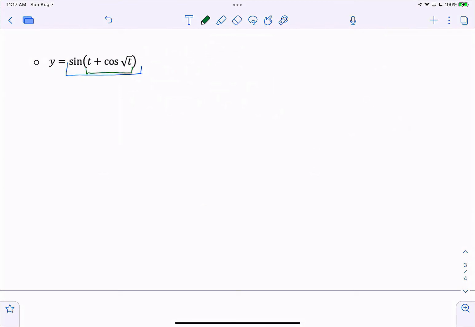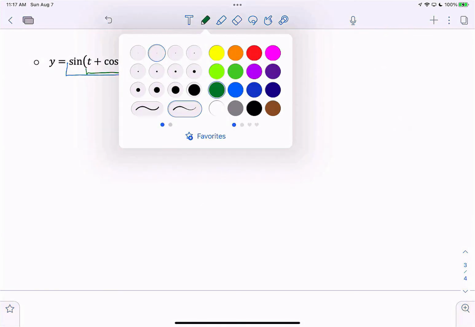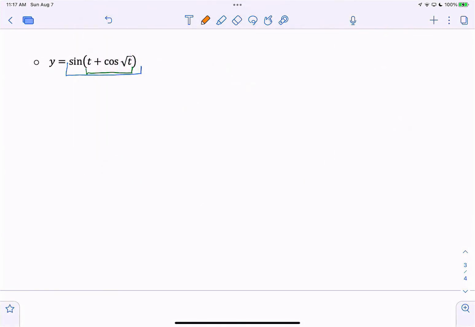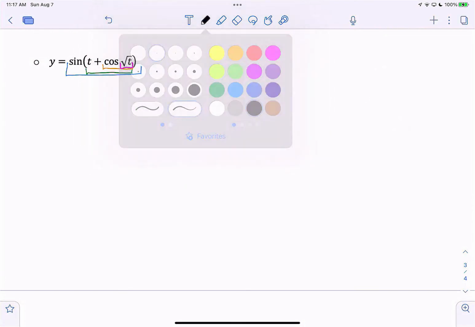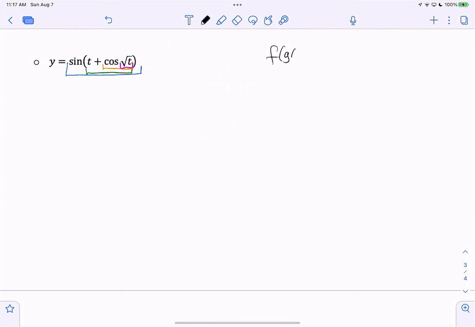But within that middle function, there's a composition in part of it. There's the cosine of the square root of t, for which the square root of t is the inside function. But it's not an f of g of h of x situation. That's not what we have here. So we're going to be a little bit careful here.